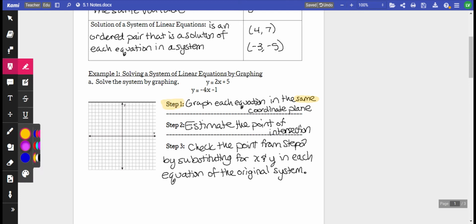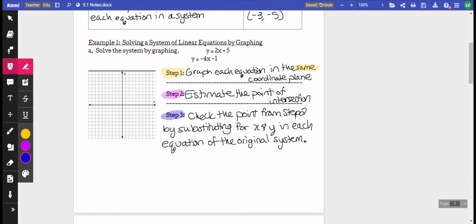So we have step 1, step 2, and step 3. We're going to break this down, and we're going to start with step number 1.